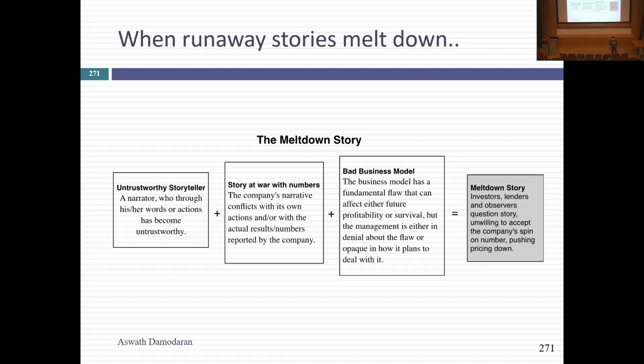And here's how the meltdown happens. You start by realizing that the storyteller that you admired so much is doing things that you don't quite like. So you start questioning. And remember, the story is built around the personality. And you realize the story they're telling is at war with the numbers. They're telling you a story, but the numbers don't seem to match up. Once the questioning starts, the story very quickly unravels. You get a meltdown.